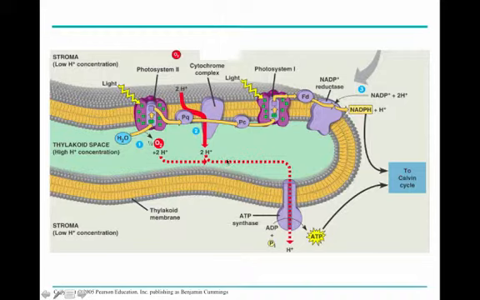And as we know, as hydrogen ions move through an ATP synthase, they turn that ATP synthase like a turbine. And they allow that enzyme to make ATP from ADP and phosphate. So now we have ATP in the stroma, NADPH in the stroma, and we're going to use those two major products of the light reactions to power the Calvin cycle.